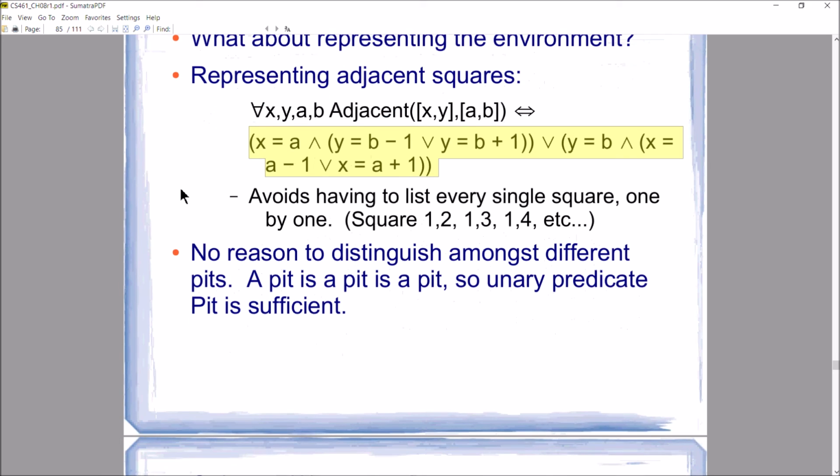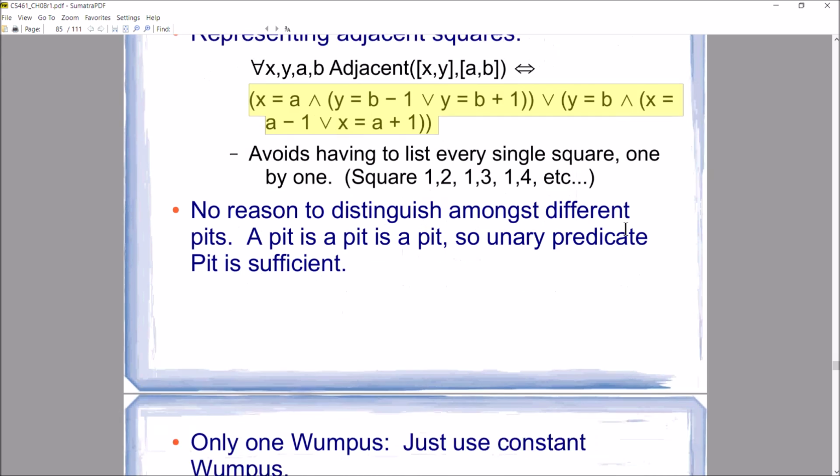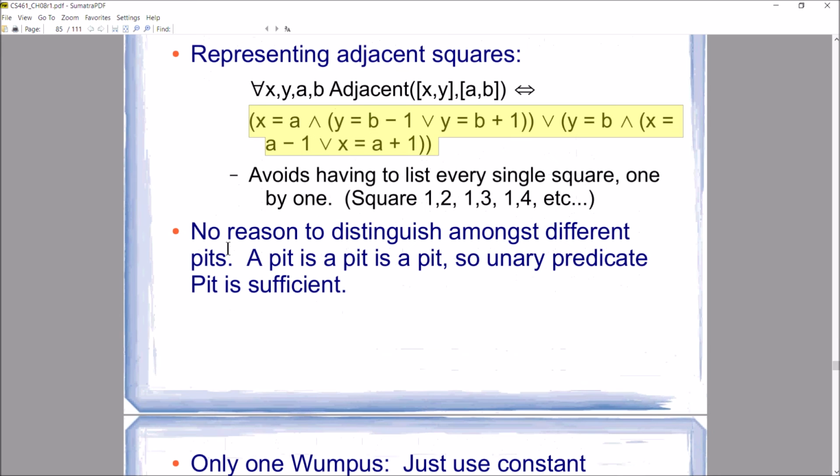Now, we don't have to distinguish amongst the different pits, a pit's a pit. So the unary predicate pit is sufficient. We need a binary predicate adjacent here because we're describing the coordinates of two different squares.